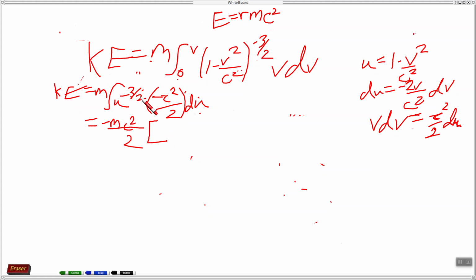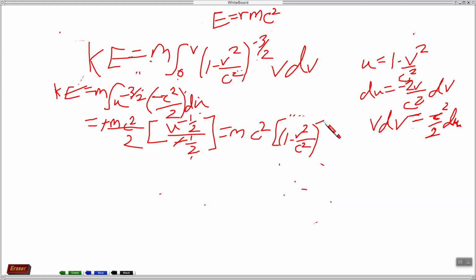So we get negative 3 over 2 plus 1, which is u to the power of negative 1/2, and divide that by negative 1/2, because we're doing an integral here, so it's the opposite of the power rule. And the negatives cancel, so we're left with mc squared in brackets 1 minus v squared over c squared to the power of negative 1/2. And because it's an integral, we're going from 0 to v.